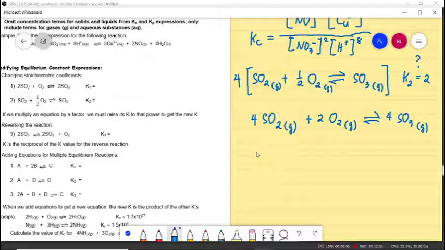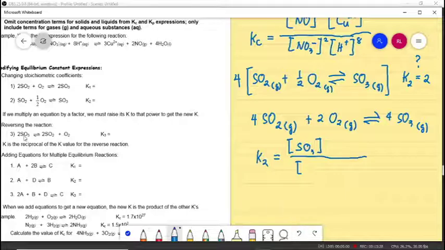The equilibrium expression is K sub 2, since we use K sub 2 here, is equal to the original, divided by the concentration of, times the concentration of oxygen gas raised to the power of 1/2.